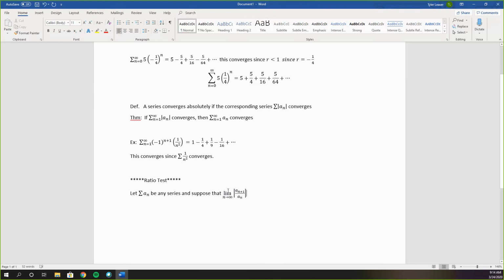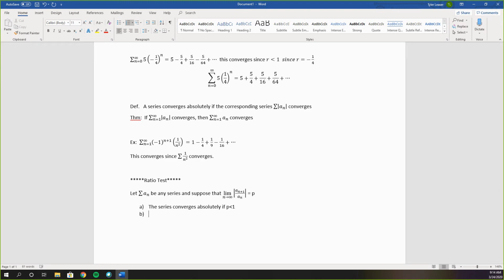We're going to write out some more to this in just a second. But if we have this series where we're just adding a bunch of sequence terms, then if I take the limit of the ratio of those sequence terms, in absolute value, as n goes to infinity, and this comes out to be some number, I'm just going to call it p, then there are a couple of different things that could possibly happen. If that p comes out to be less than 1, then the series converges absolutely.